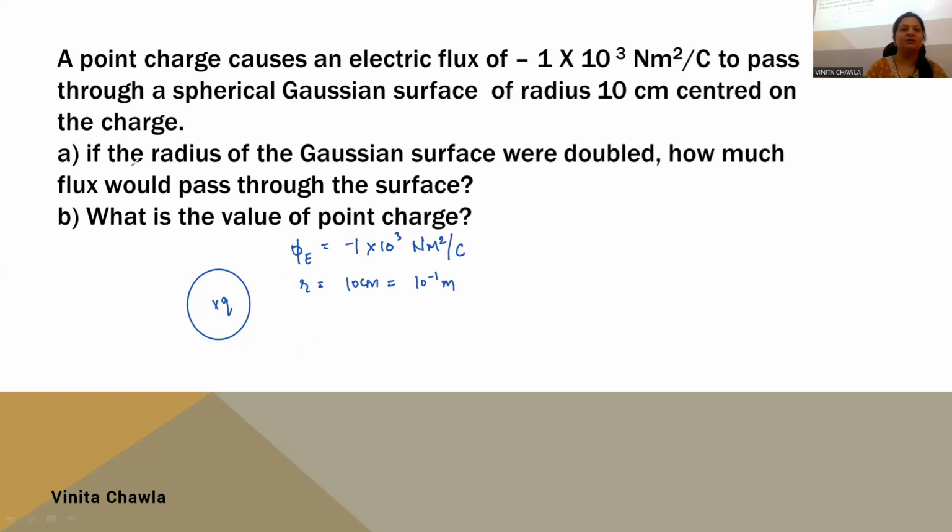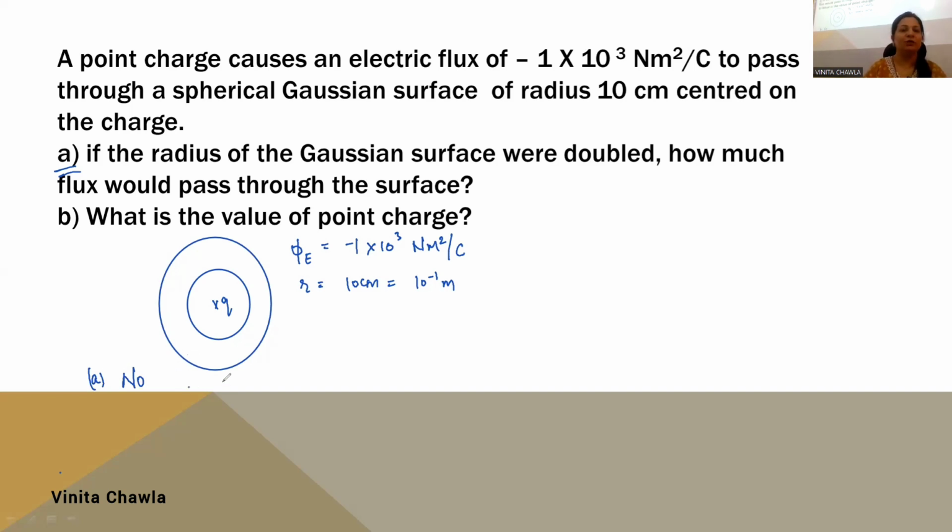If the radius of the Gaussian surface were doubled, how much flux would pass through the surface? If we increase the radius of the Gaussian surface, will there be any change in electric flux? Give me the answer. No. It depends upon the charge enclosed. It does not depend upon the size of the Gaussian surface we are taking.